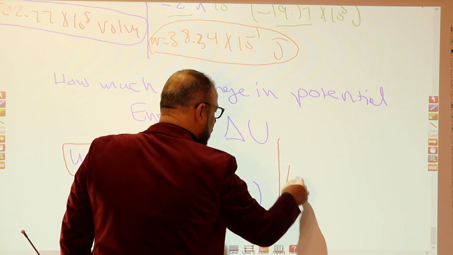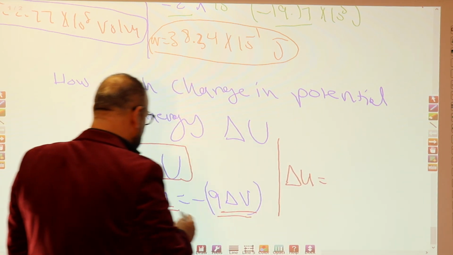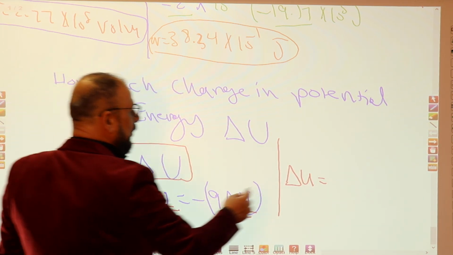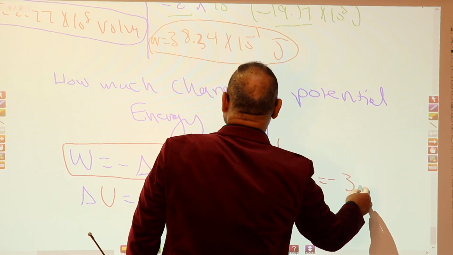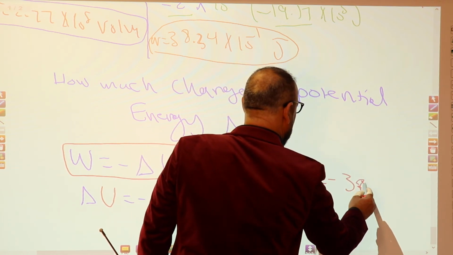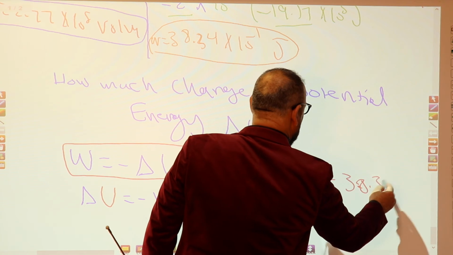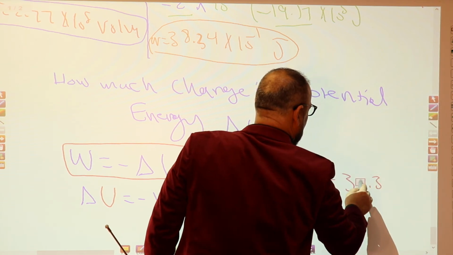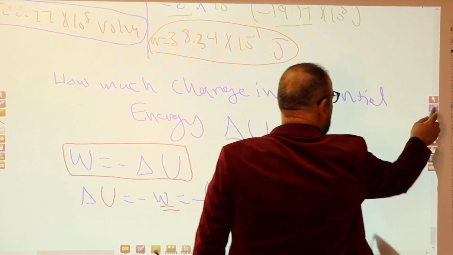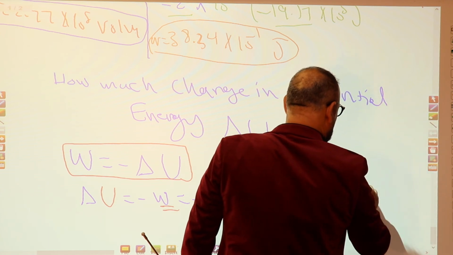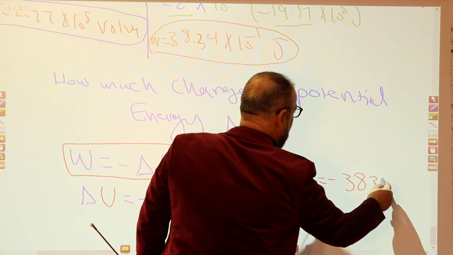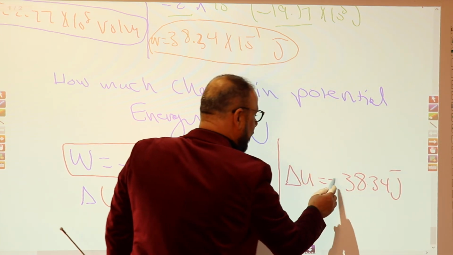Then delta U, the change in the potential energy, is going to be negative 38.34 joule.